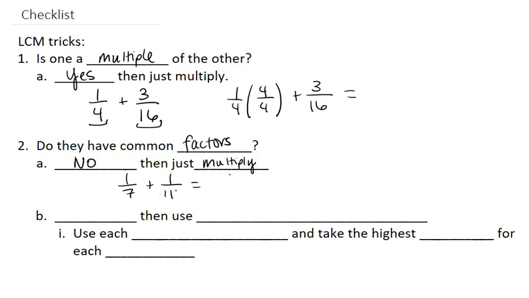So we know that 7 and 11 both are prime numbers, and they have no common factors between the two. So you would have 1/7, and then you would multiply it by each other's denominators. This is how we would set up our problem if the answer was no, for no common factors.